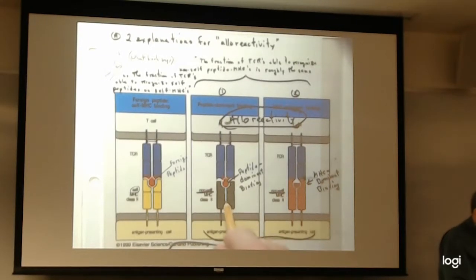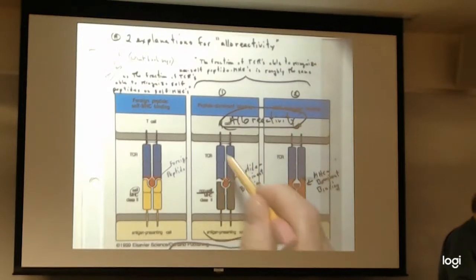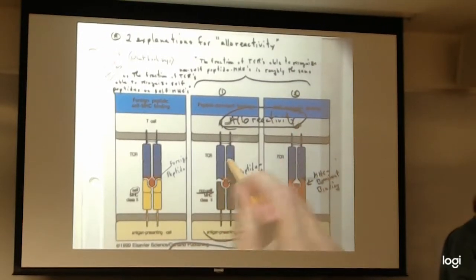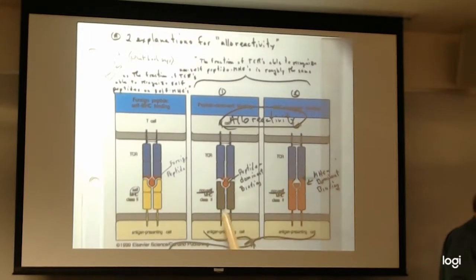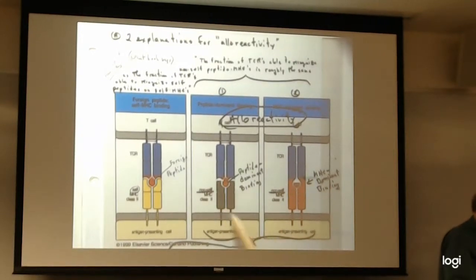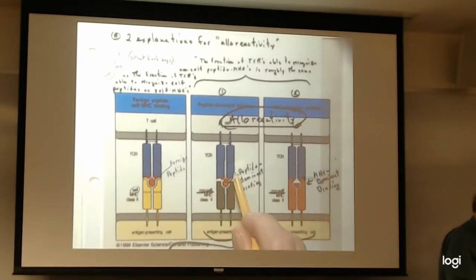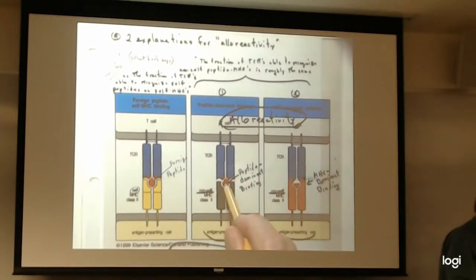There are exceptions, okay? We could have a case where we have a mouse TCR here, and it's being presented by a monkey MHC molecule here, but it's a really strong binding by the two loops here on the T cell receptor that bind the peptide.